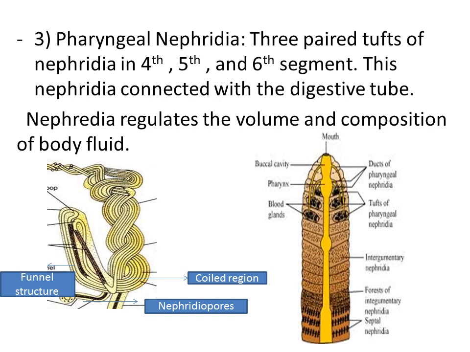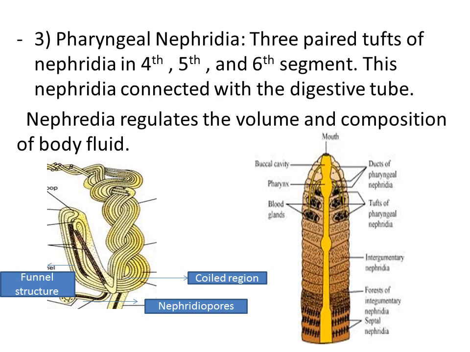And one more function is that nephridia regulate the volume and composition of body fluid. It maintains the composition and regulates the volume of the body fluid. So nothing is to be in excess and nothing is to be less, right? It balances the body fluid by eliminating the excess waste material from it.